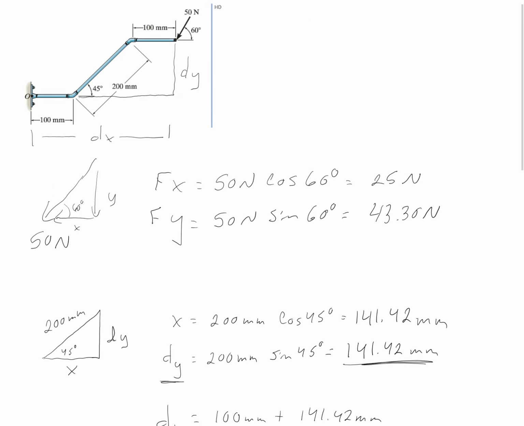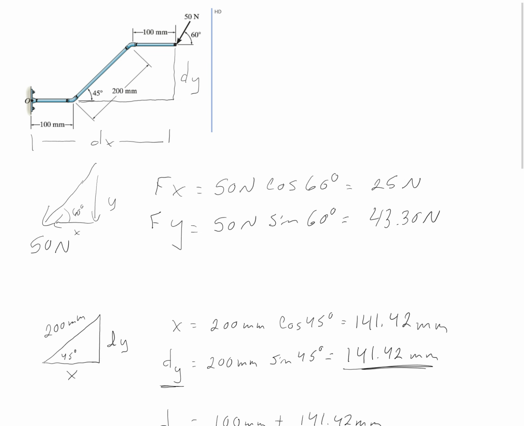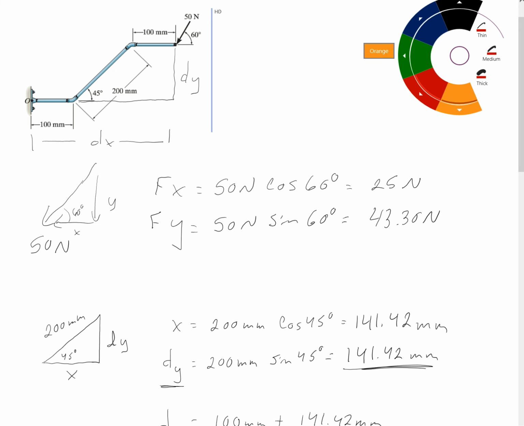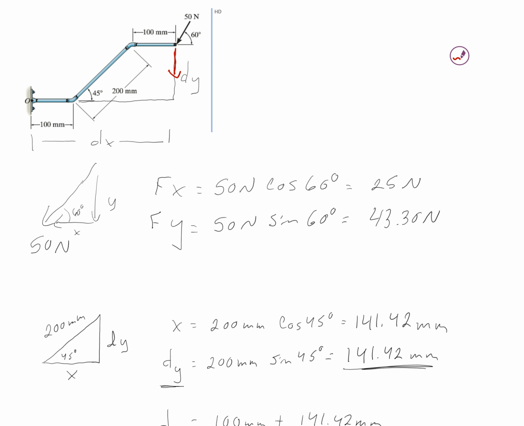Now I need to assign the direction. If I go back up here, and I'll choose red this time, it's equivalent to saying I have force y and force x.